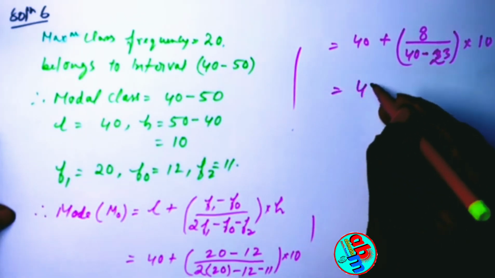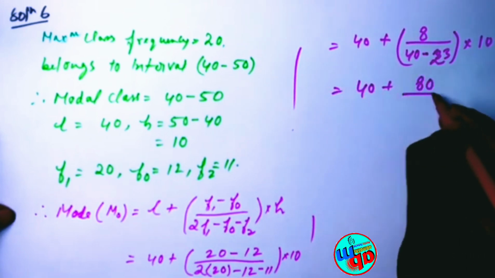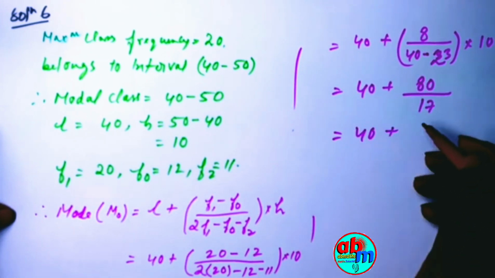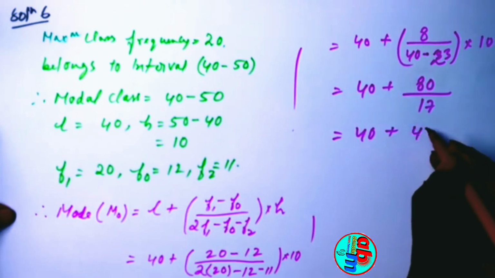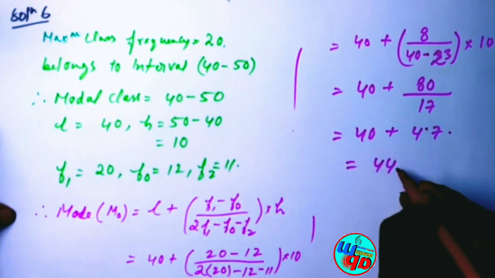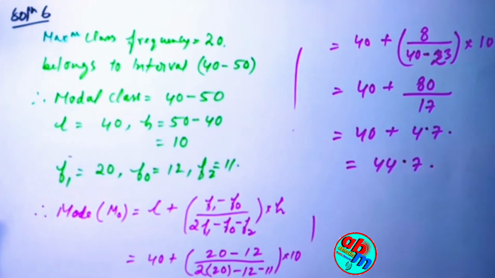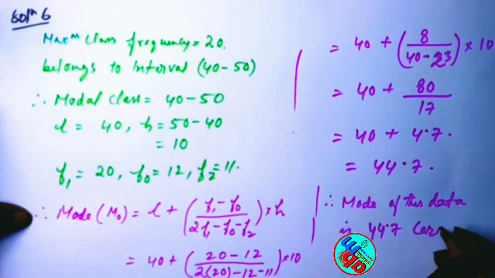So this is 40 plus 8 times 10, that is 80, divided by 17. After dividing it, we get 4.7. So it is equal to 44.7. Therefore the mode of this data is 44.7 cars. This is our answer.